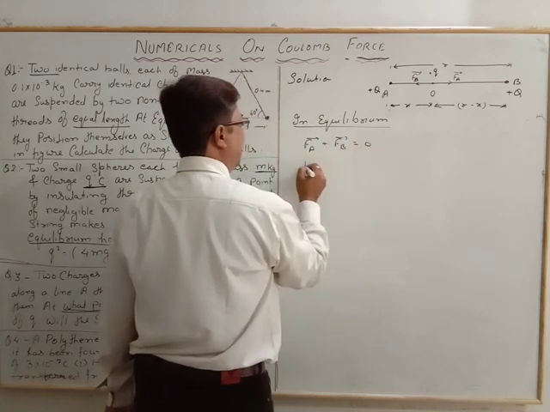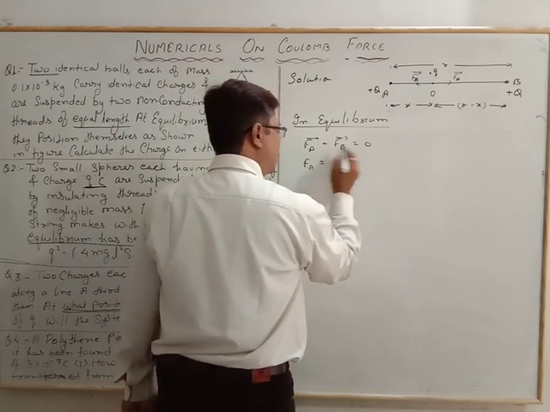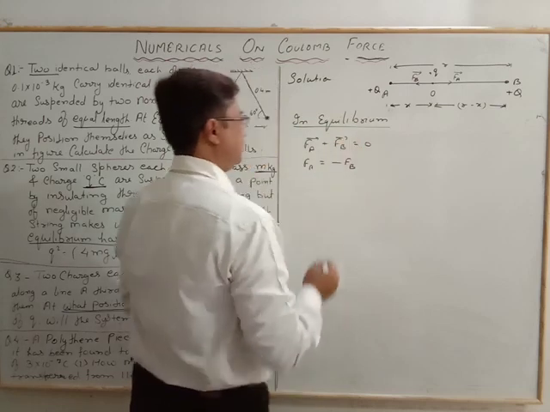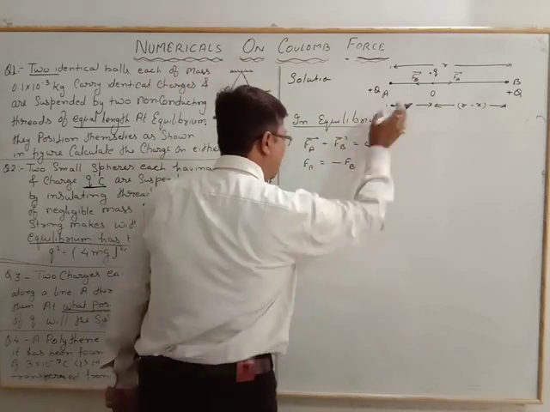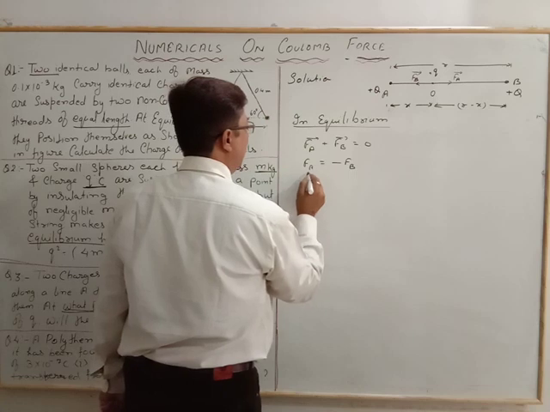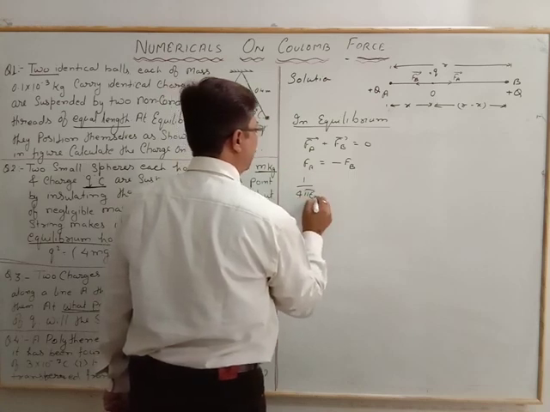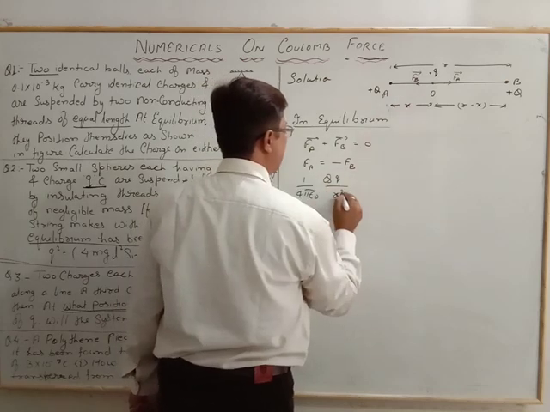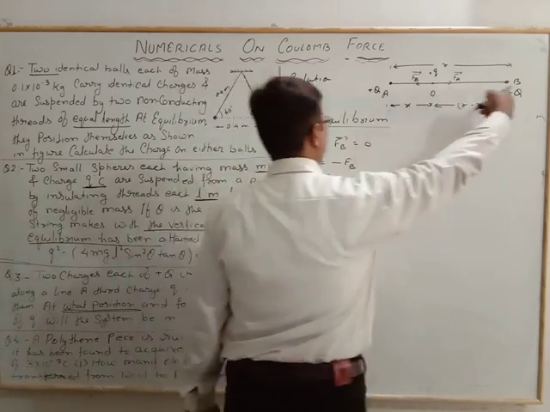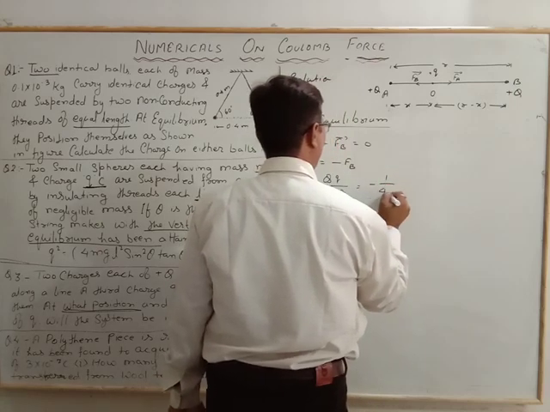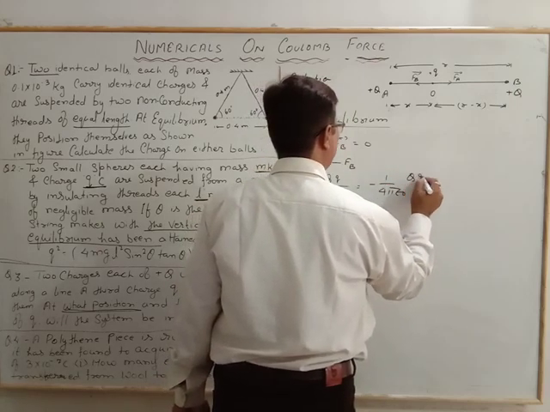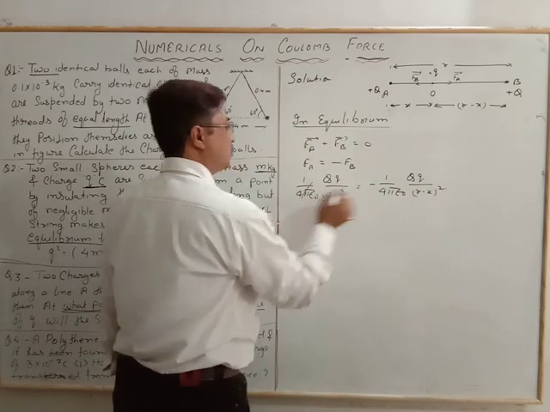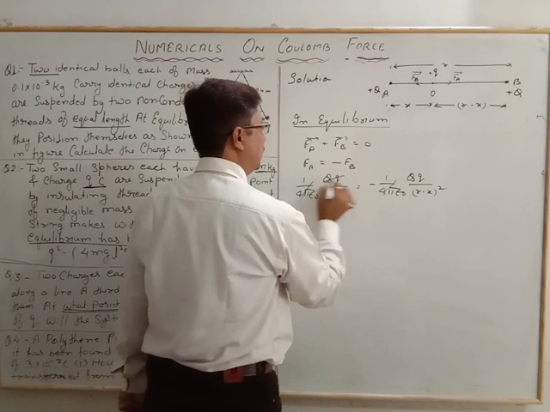In magnitude Fa is equal to minus Fb at equilibrium. Now we put the values: 1 by 4 pi epsilon naught capital Q small q by x square is equal to minus 1 by 4 pi epsilon naught capital Q small q by r minus x whole square. So these two get cancelled, and q also.